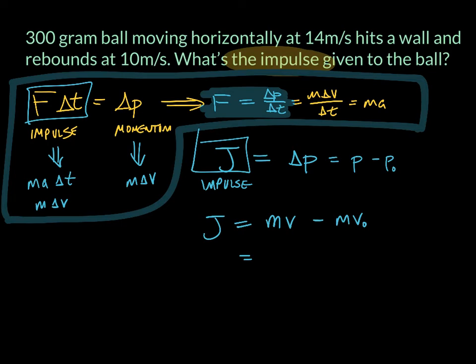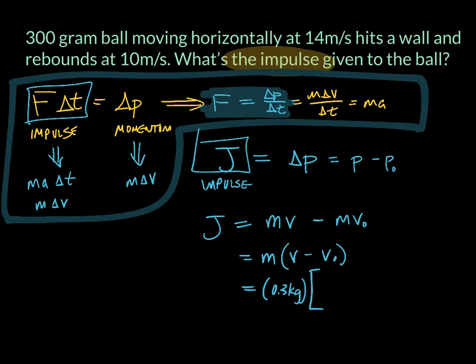So I'm going to have mass times speed minus speed initial. So let's put this 0.3 kilogram mass in here. And then the final speed, well, the final speed is going to be which way? It's 10 meters per second is what it bounces off the wall.